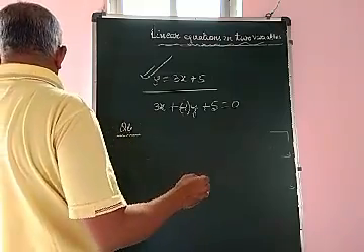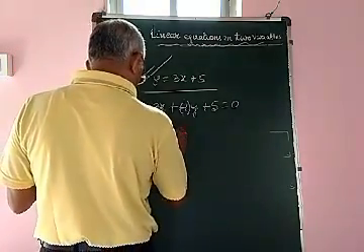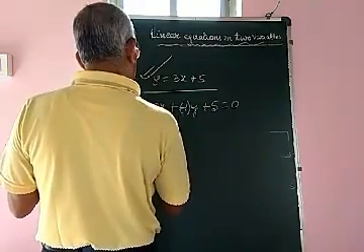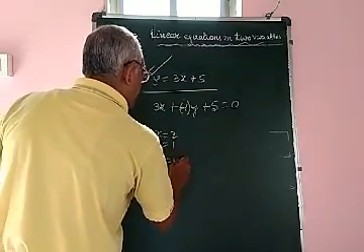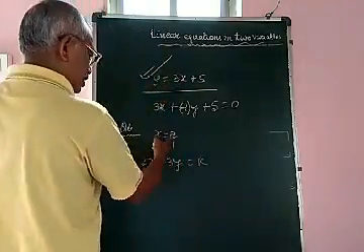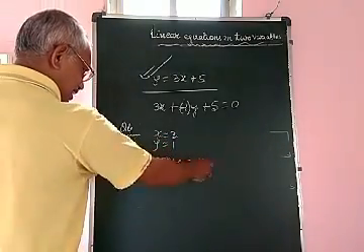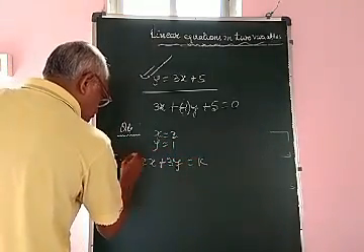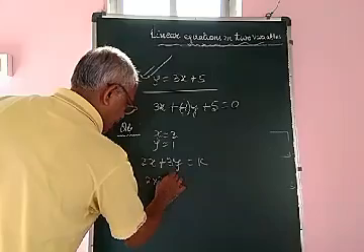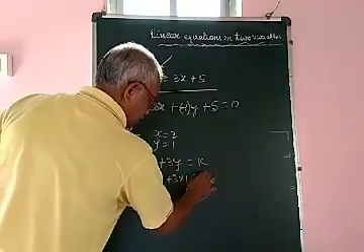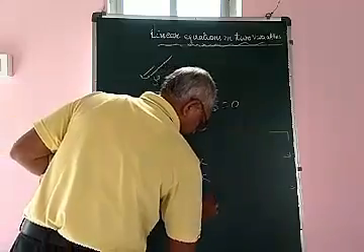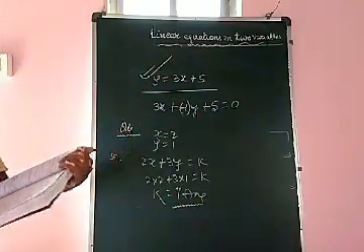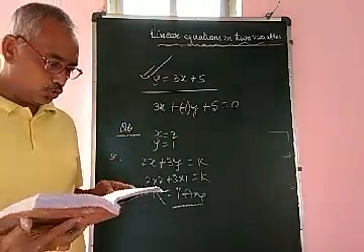Find the value of k if x = 2 and y = 1 is a solution of the equation 2x + 3y = k. Now putting the values of x and y in the given equation. Solution: 2 into 2 + 3 into 1 = k, and k = 7. This is the answer. Now this is exercise 4.2.